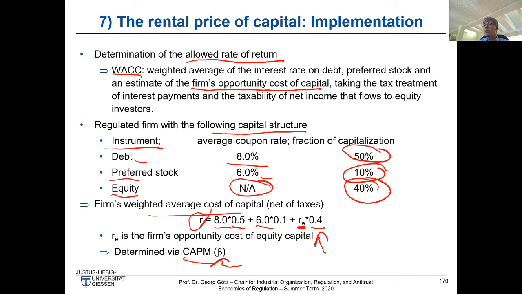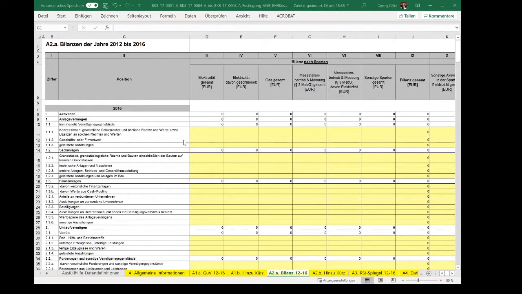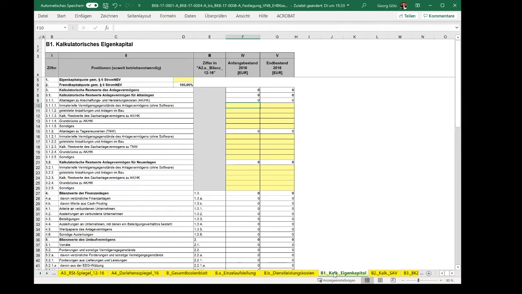And by the way, that's also stated in our Excel file. If I manage to jump to that, you previously saw that. In our Excel file, companies also have to state the kalkulatorisches Eigenkapital. There are so many tabs here.